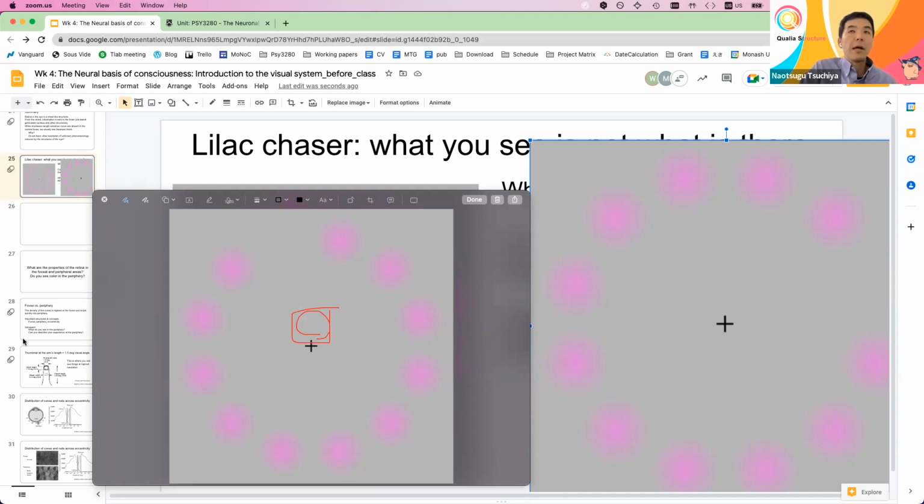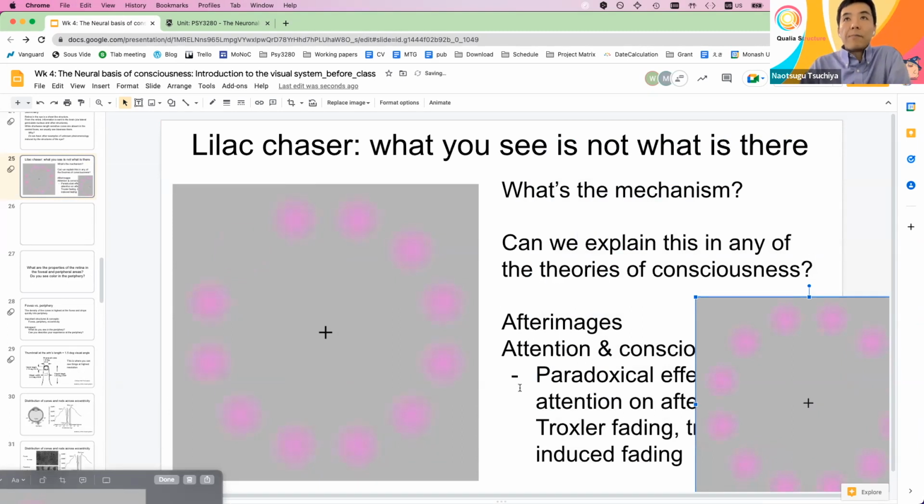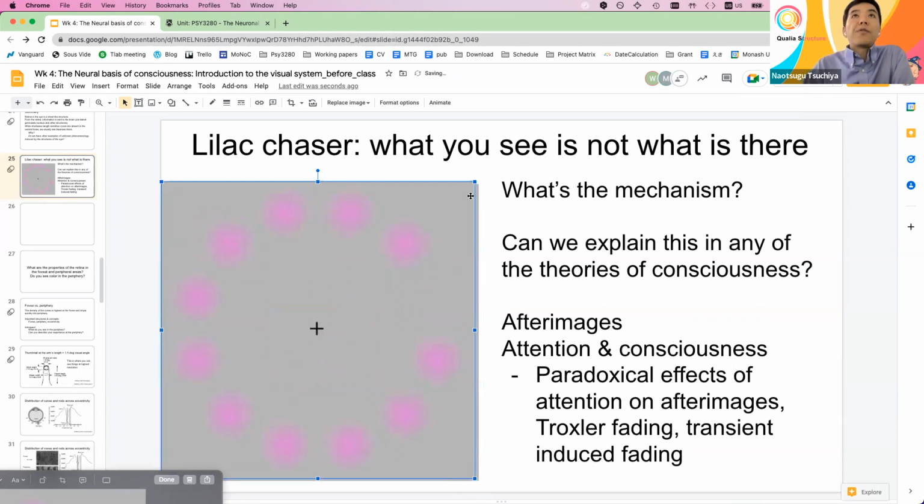Okay. And then the final component of this illusion is interaction between attention and the consciousness. So I explained the Troxler fading and the transient induced fading, and then interaction between attention and the consciousness. And what it means is that normally in your life, when you attend to see things, you see it clearly, right?